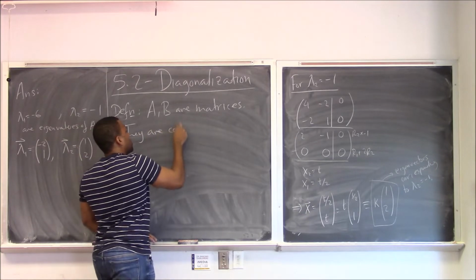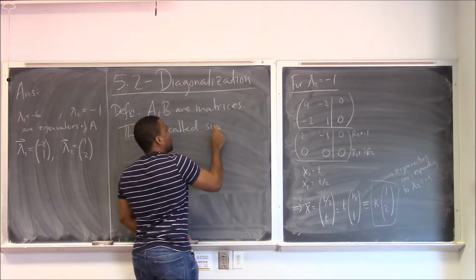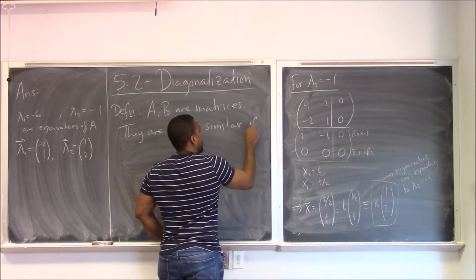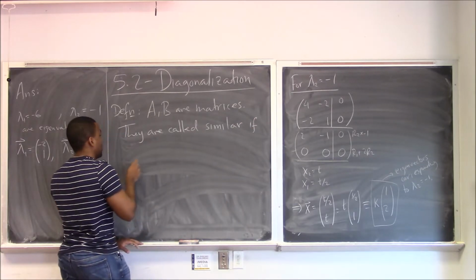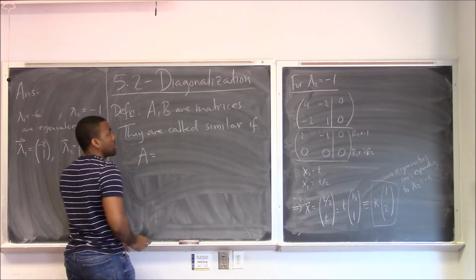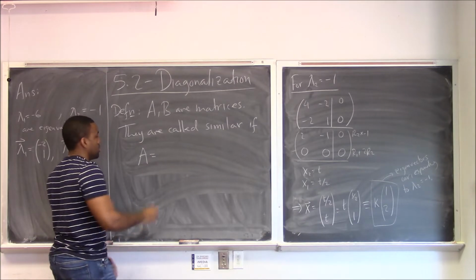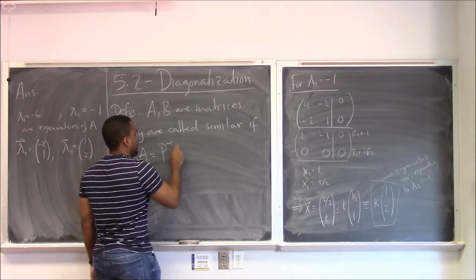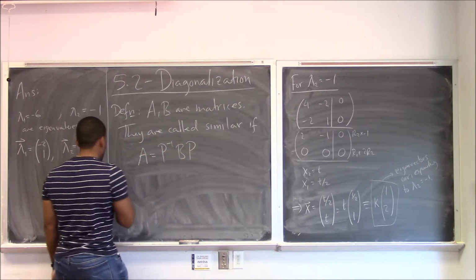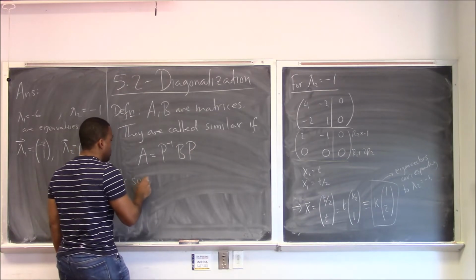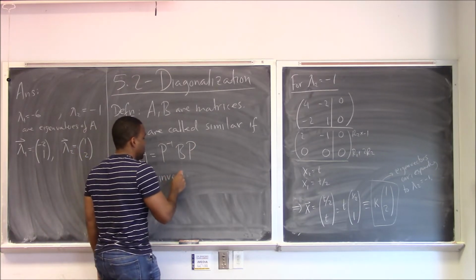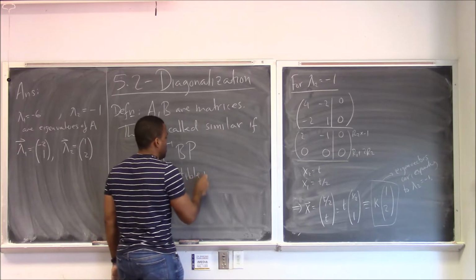They are called similar if A equals P inverse B P for some invertible matrix.